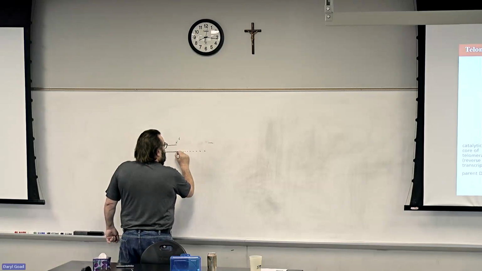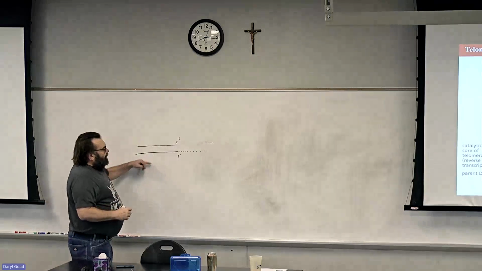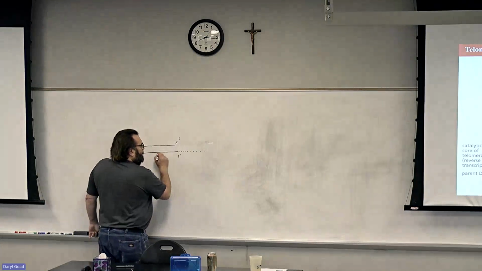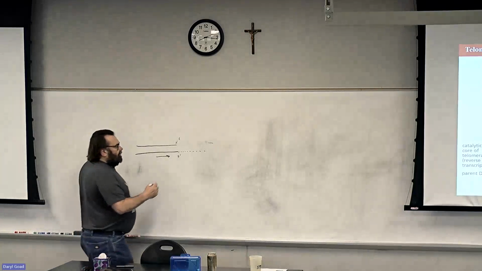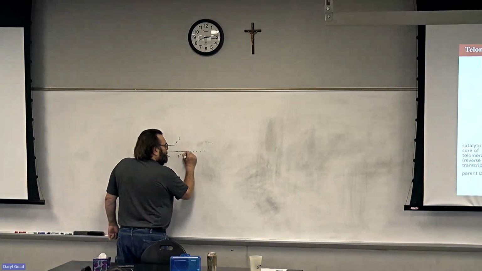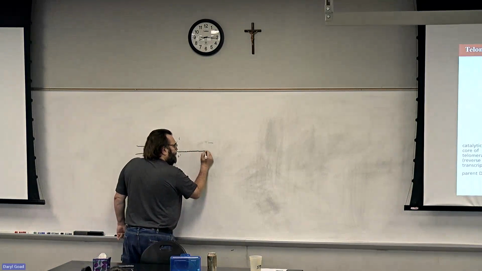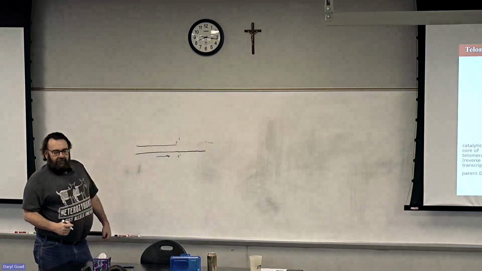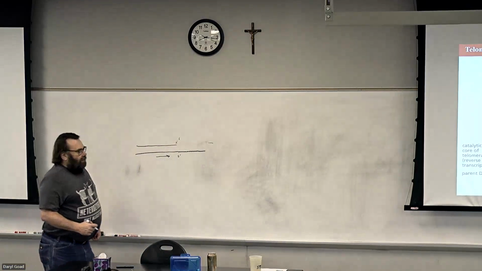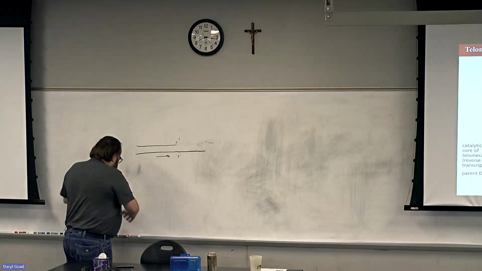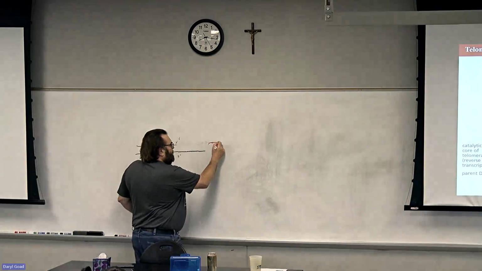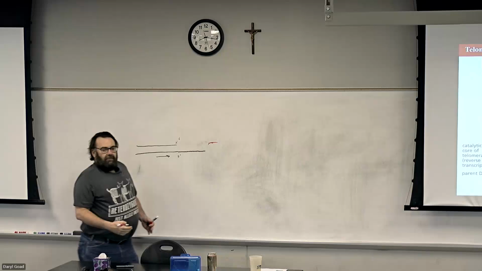Actually, let's do it like this. So what happens? On the 3' strand, we're going this direction with a replication fork. It's our leading strand, and the complex can just run off till the very end. So this is our lagging strand. So we need a primer. So we're going to put our primer where?